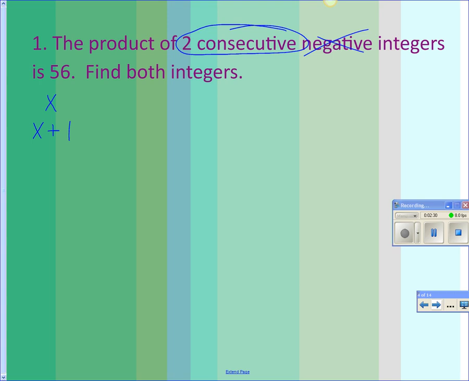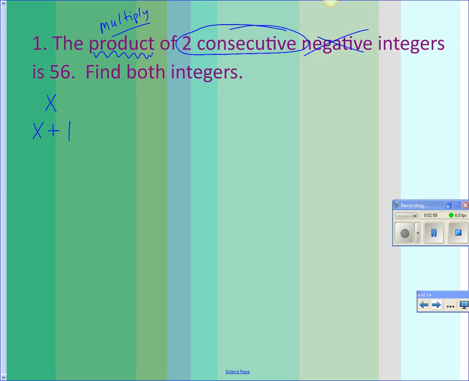All right, here's what's different about today. We have the word product. Earlier in the year, we had the word sum. What does sum mean to do? Add. What does product mean to do? Multiply. Please write that down. You need to write multiply beside the word product.